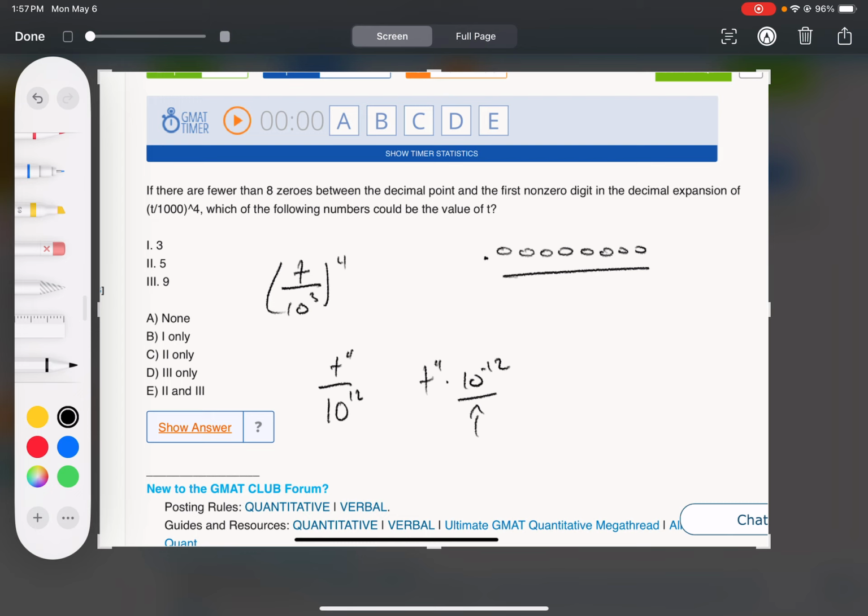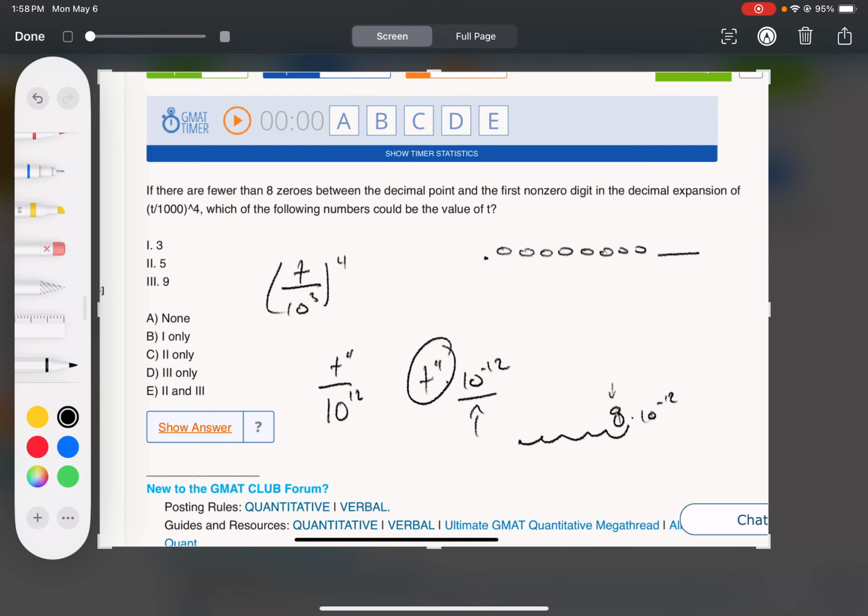I need fewer than 8 zeros, though. So really I want to know, how many digits does t to the fourth take up? Because if the number is, for example, 8 times 10 to the negative 12, that would be 1, 2, 3, 4, 5.